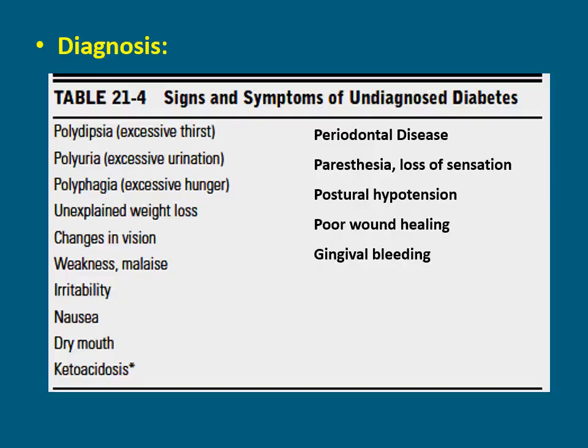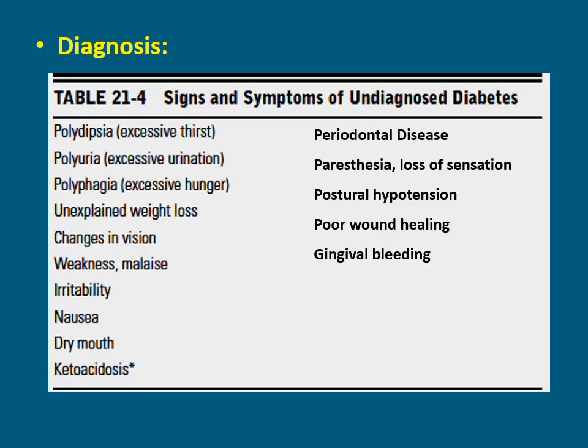Diagnosis. Signs and symptoms of undiagnosed diabetes. Polydipsia means excessive thirst. Excessive urination, medical term polyuria. Excessive hunger is polyphagia.